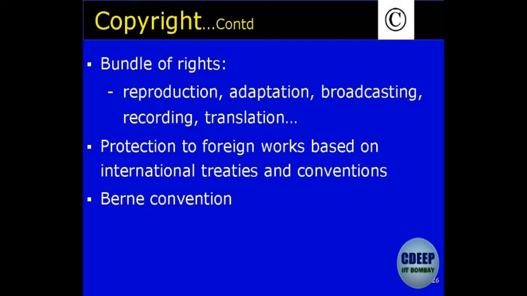It is actually a bundle of rights, which enables the author to reproduce, adapt, broadcast, record and translate. Even performance and related rights come under copyright these days. If you are filing any domestic application, your work will be protected throughout the world under the Berne Convention, an international treaty. No need to file in individual countries, just like with patents.